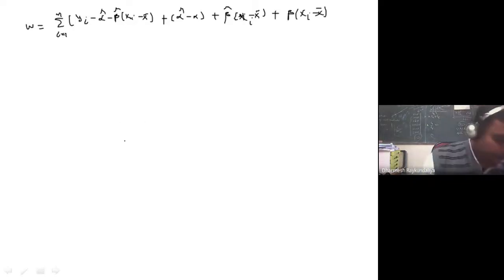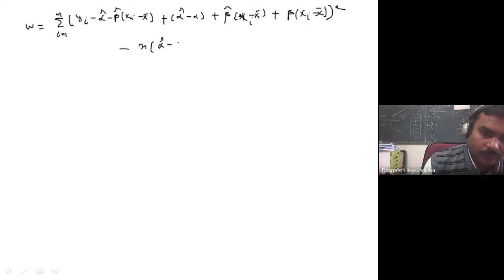Okay. So what I do, I can take that square, and minus n times alpha cap minus alpha whole square, minus s1 square beta 1 cap minus beta.